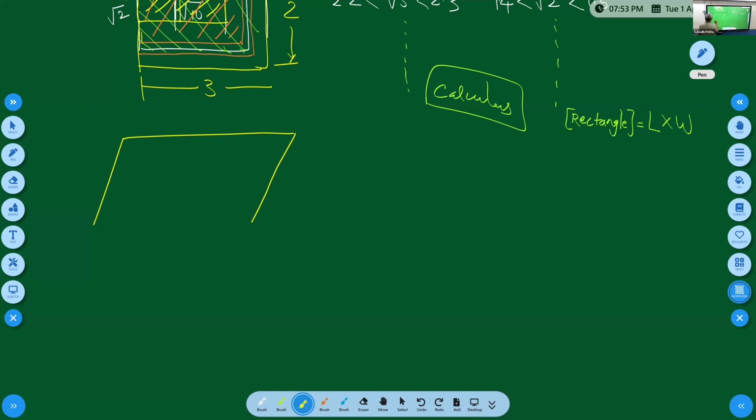We have to define what we mean by parallel, and all that will come. So the rectangle we have done. Now we want to find the area of a parallelogram whose side length is L and vertical height is H. So what should be the area of this parallelogram?